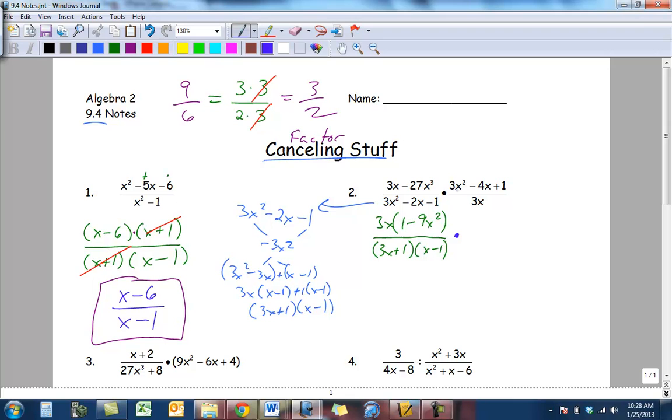Oh, snap. GCF again? No. So we have to Batman this bad boy: 3x squared minus 4x plus 1. Go ahead and Batman, and I'll Batman mine, and we'll see if we agree. This time multiplies to the positive 3, adds up to -4. That means these are both negative this time.